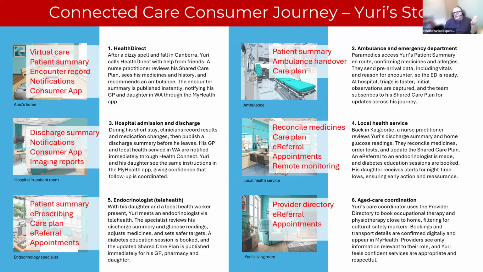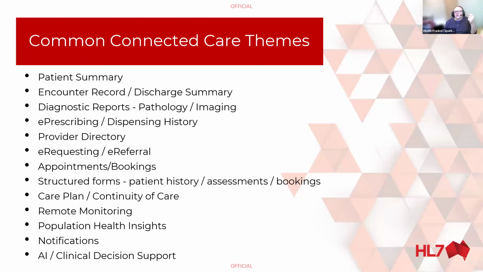So there's quite a few different areas there, but basically what we're getting to is some very common themes here. We've got patient summaries, encounter records, discharge summaries, diagnostic reports, e-prescribing and dispensing histories. Provider directory is going to become very important to many of these scenarios as well, in particular around requesting referrals, bookings, and appointments.